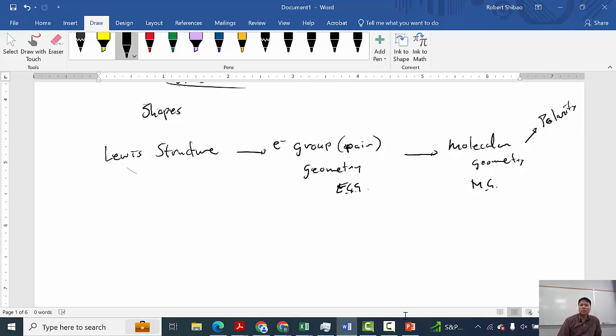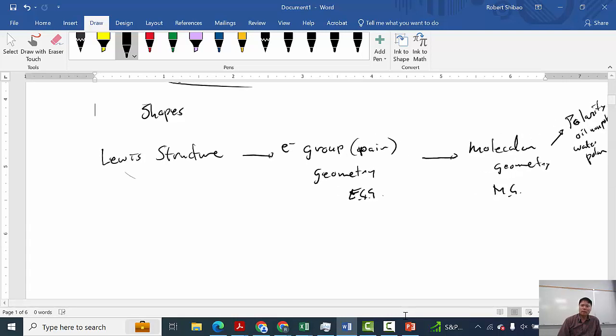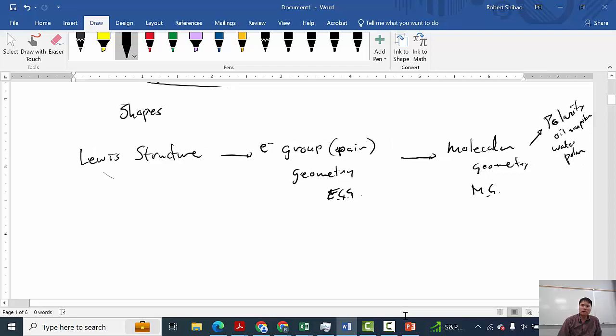From the molecular geometry, we can get things like polarity. That is, is it polar or non-polar? So, for example, oil is non-polar, and water is polar.